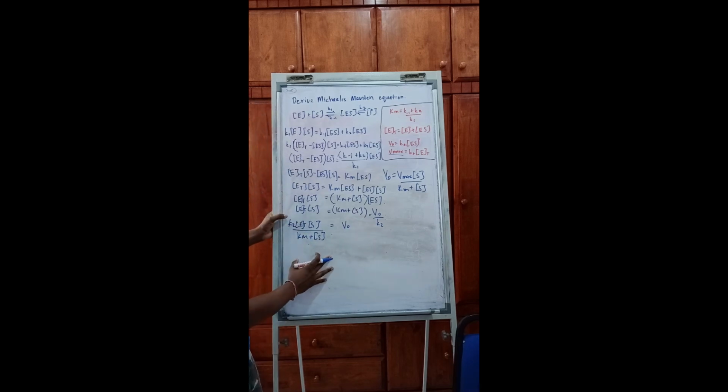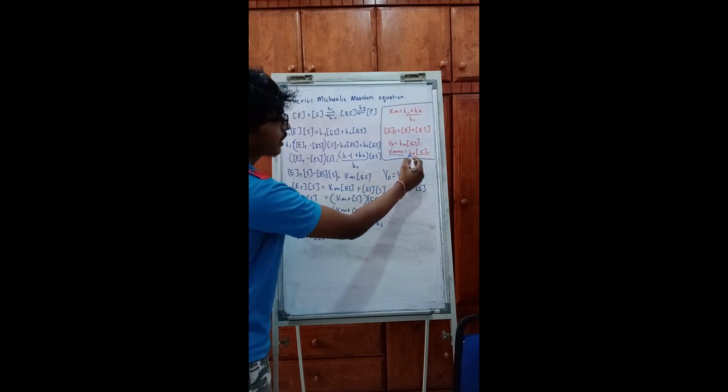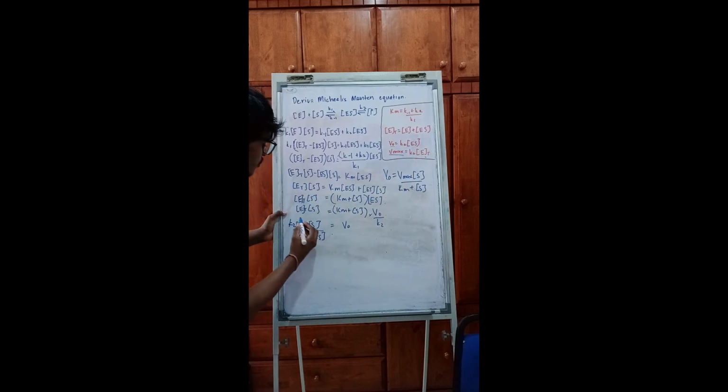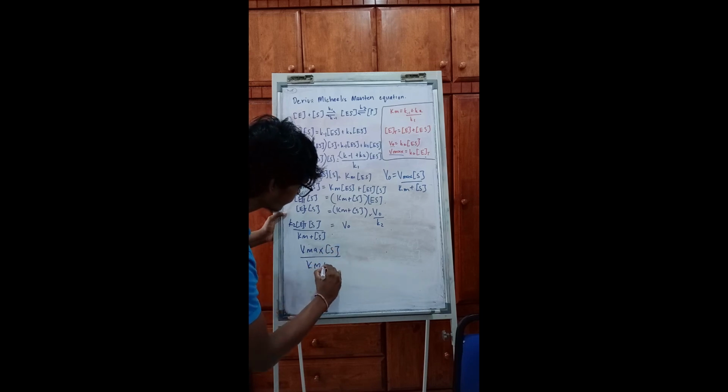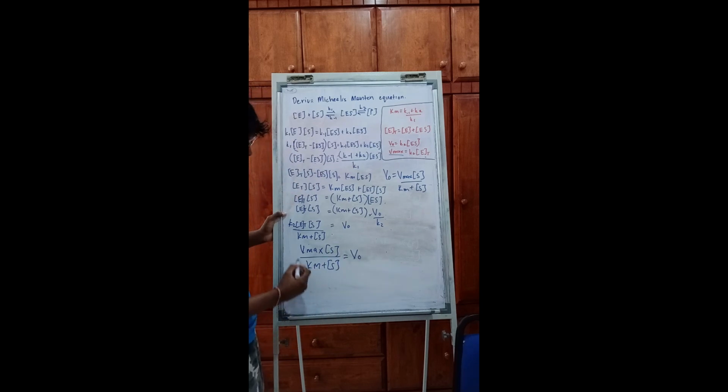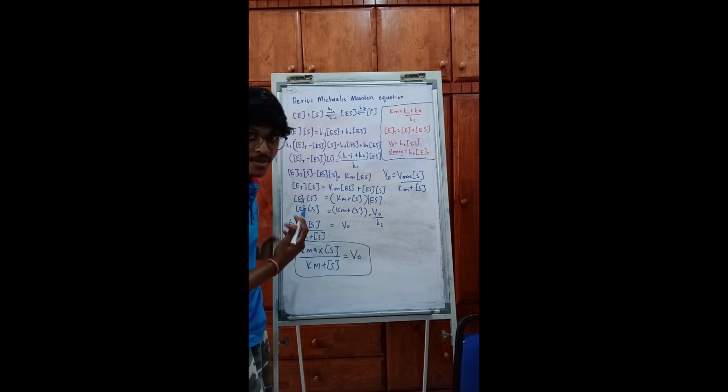So now can you see K2 enzyme total concentration? K2 enzyme total concentration. So this whole thing over here becomes V max, and then this times substrate divided by Km plus substrate equals V naught. And this is the Michaelis Menten equation.